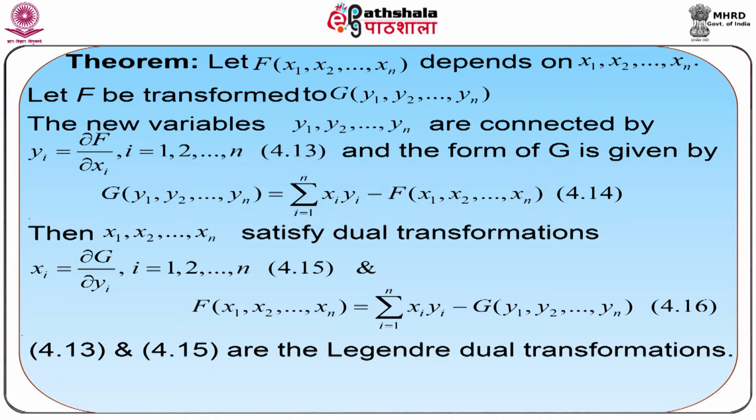Let the function capital F be transformed to another function capital G, a function of y1, y2 up to yn, which is expressed explicitly in terms of a new set of n independent variables y1, y2 up to yn.